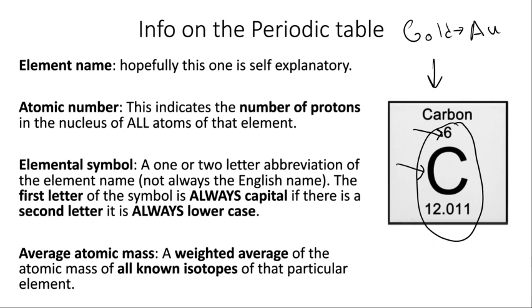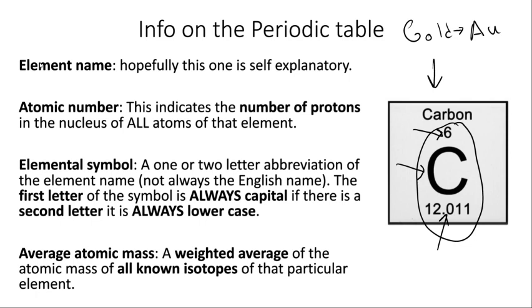The final thing, down here at the bottom, these numbers, the average atomic mass. Okay, so I don't just say atomic mass, I say average atomic mass, because this is a weighted average of the atomic mass of all known isotopes of that particular element. So weighted average, I'm not sure that everyone knows what a weighted average is.